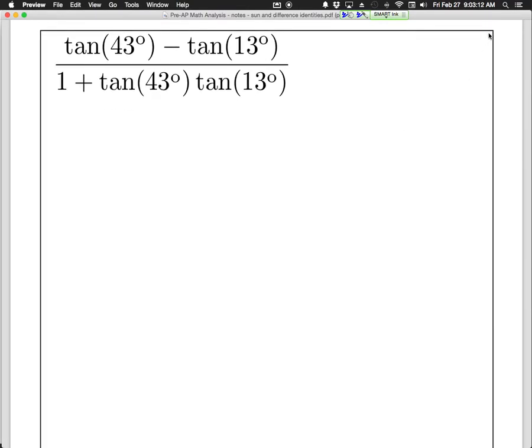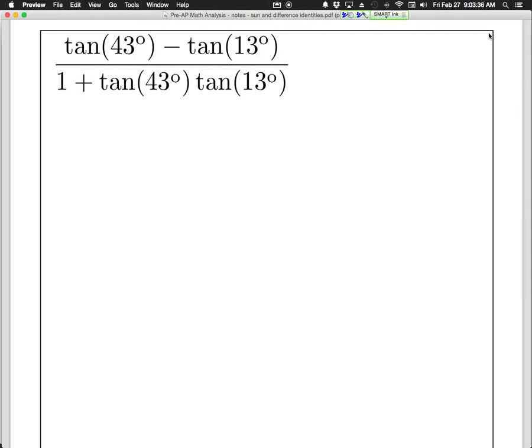Alright, now what do you think they want us to do on this one? Simplify. They want me to go in the reverse direction. So tangent of 43 minus tangent of 13 over 1 plus tangent of 43 tangent of 13. So what is this?